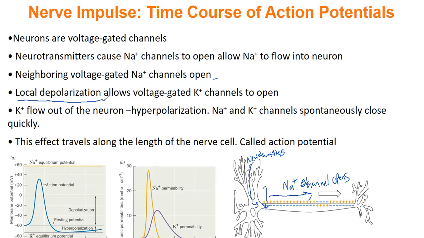Now, once our potassium channels are open, so blue is sodium, let's do dark brown for potassium. Our potassium flows out. And what happens is called hyperpolarization. The cell becomes even more negative than when it started.